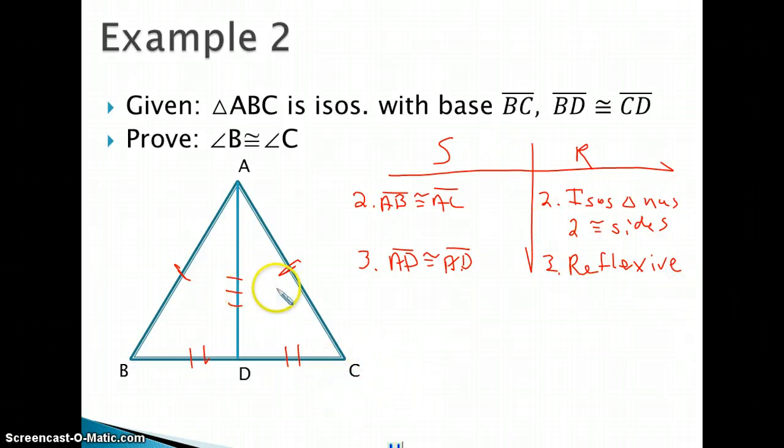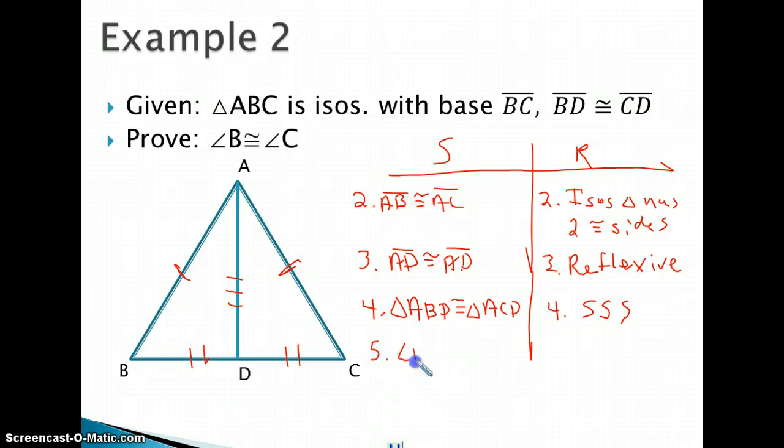And then from there, looking at the triangle, I've got a side-side-side relationship on both triangles. So I'm going to name the triangles ABD congruent to triangle ACD, and that's because of side-side-side.